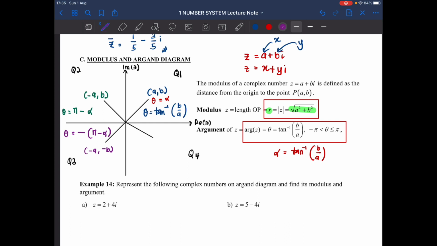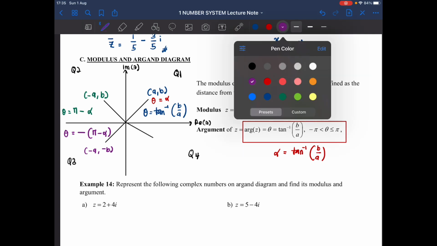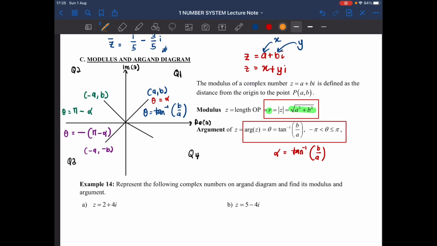Okay, kalau tak faham, tak nampak lagi, tak apa, just follow the flow. Okay, so and the last one for the fourth quadrant, this should be positive A, negative B, and our argument should be negative alpha. Okay, so ni saya padam lah supaya nampak.